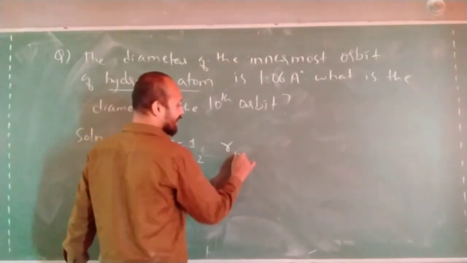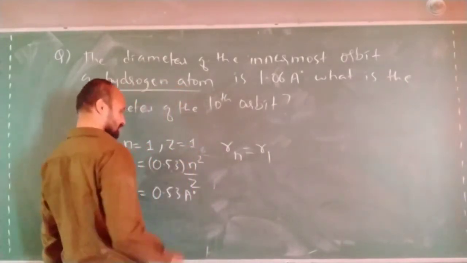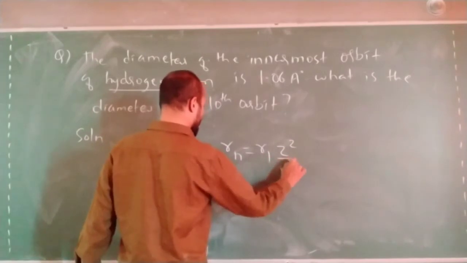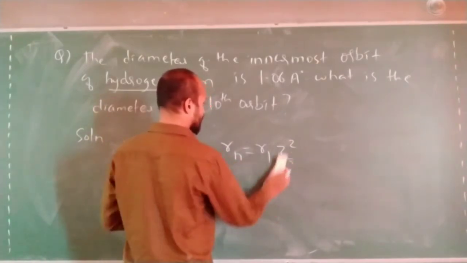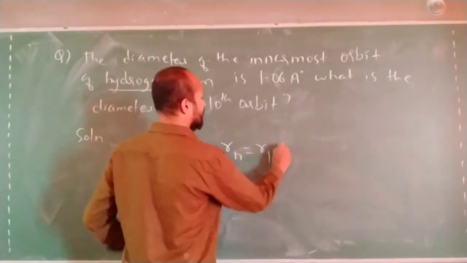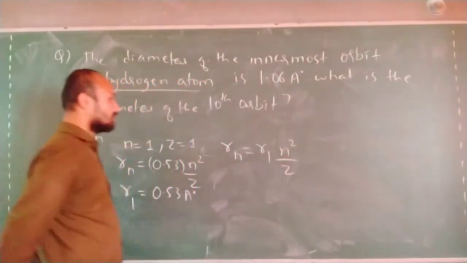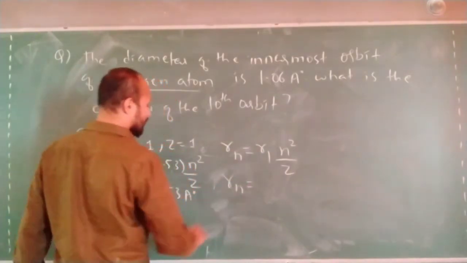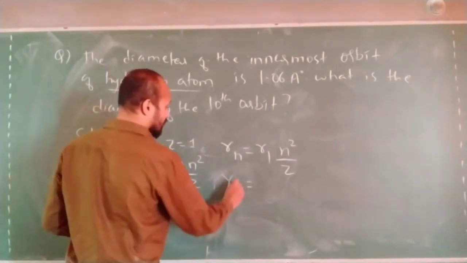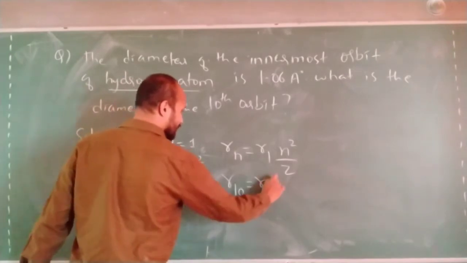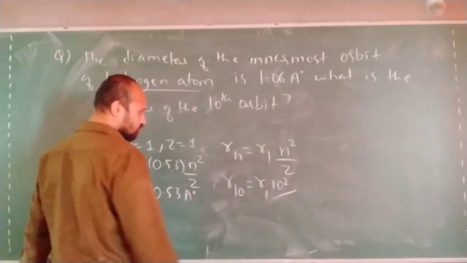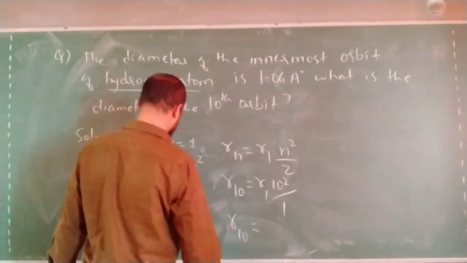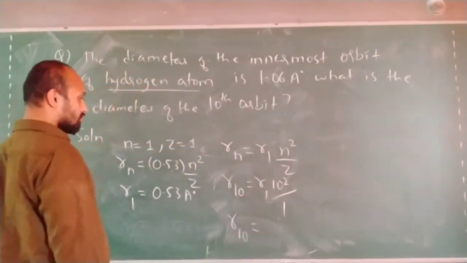So I can write Rn is equal to R1 into n square divided by Z, because 0.53 is R1. Sorry, not Z square, n square divided by Z. Here for the tenth, R10 is equal to R1 into 10 square divided by 1. 10 square is how much? 100.